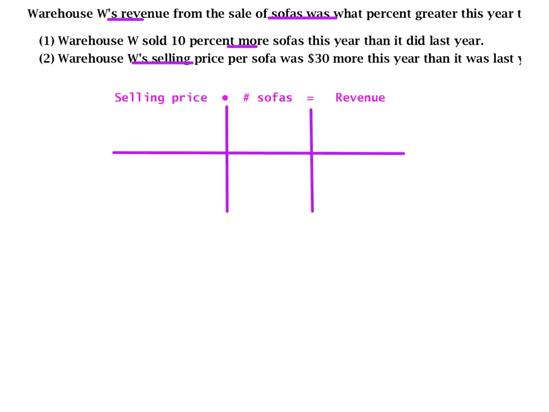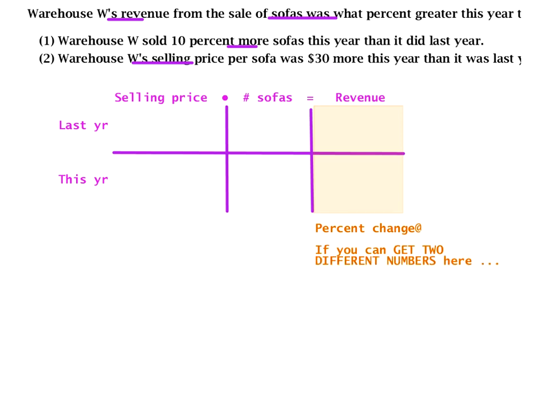And then we have a this year and we have a last year. Then you want to find the percentage change in this column. If you want to try to get 2 numbers for that, that's supposed to be a question mark, I'll fix it in a sec. If you can get 2 different numbers here, then that's not sufficient.